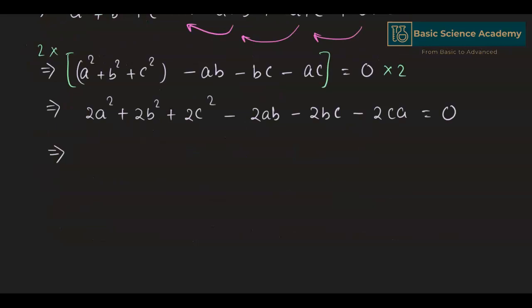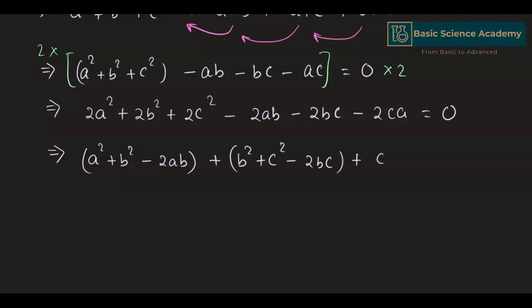Now we can write this equation as a square plus b square minus 2ab plus b square plus c square minus 2bc plus c square plus a square minus 2ca equals to 0.